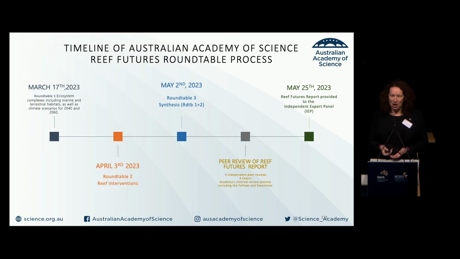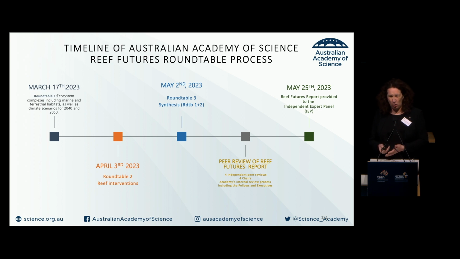Okay. So the timeline, as I said, it started on the 17th of March. That was our first roundtable, and the final report, the purpose of this whole report, was to provide advice to the independent expert panel, which is made up of a series of reef experts. The independent expert panel then take the Academy's report along with their report, and they then provide advice to the Minister.